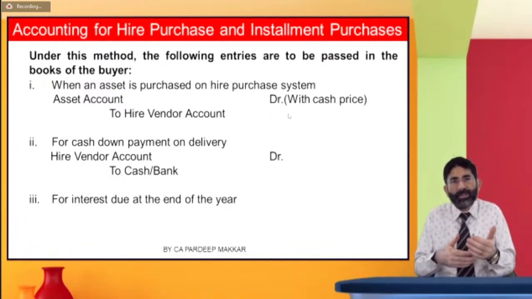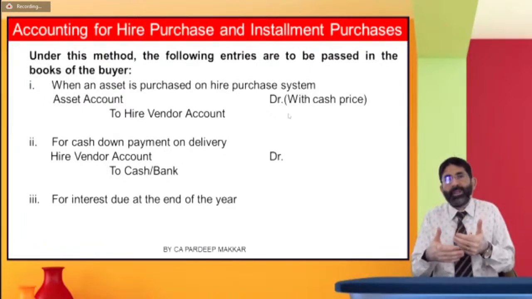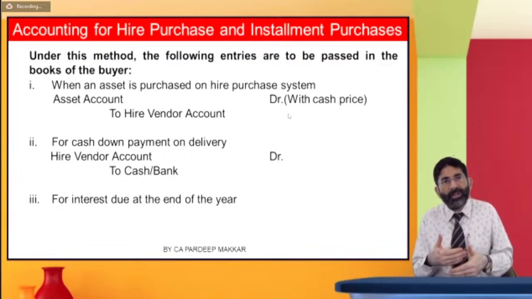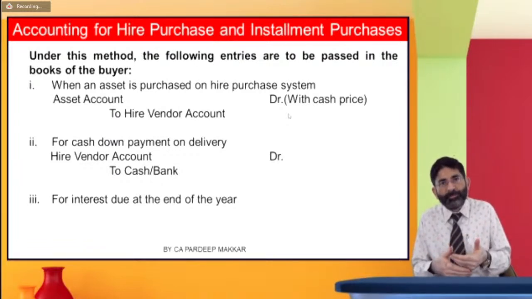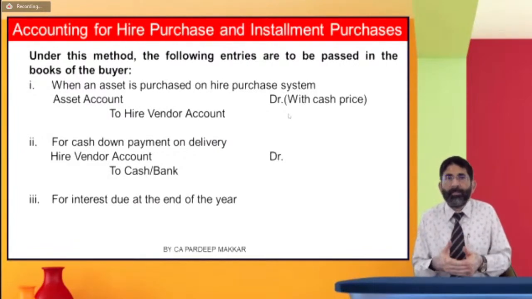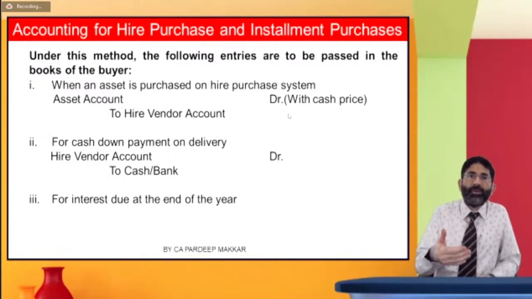This all depends on the arrangement, the agreement between the purchaser and the seller. So if payment is to be made at the end of each year, then interest will become due at the end of each year. If payment is to be made at the end of every quarter, month or half year, then interest will become due accordingly. Then the interest will be passed accordingly, beta.